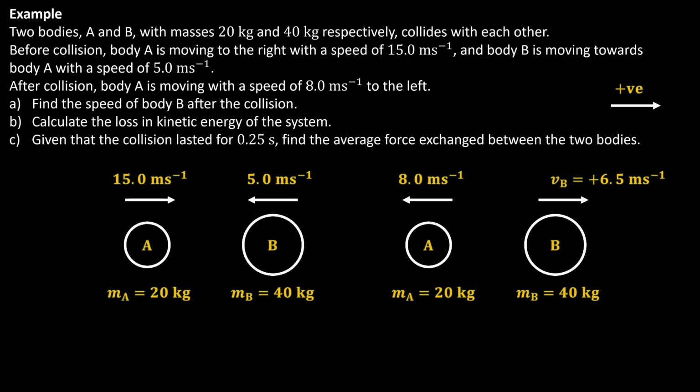Now for part B, to find the loss in total kinetic energy of the system, when we say system here, we mean the system of body A and body B. So to find the loss in the kinetic energy of the system, we have to calculate the total kinetic energy of A and B before collision and the total kinetic energy of A and B after collision.